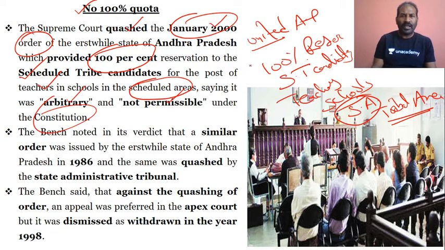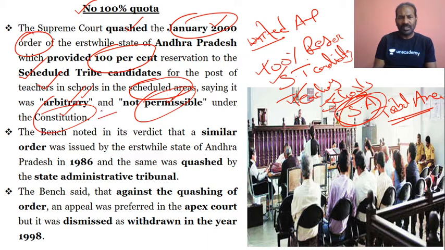So the Supreme Court has now quashed the January 2000 order, by which the United AP had come up with 100% reservation for the ST candidates who would apply for teacher positions in the schools in the scheduled areas, that is, in the tribal areas. That means the Supreme Court has said giving 100% is arbitrary, not correct, and not permissible. It is not taken into consideration under the constitution.